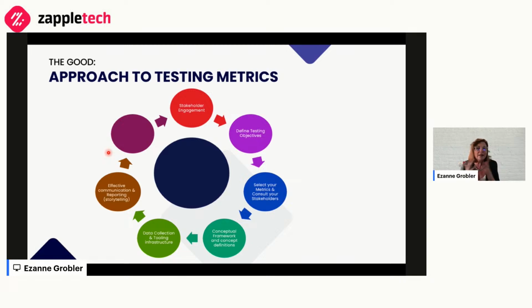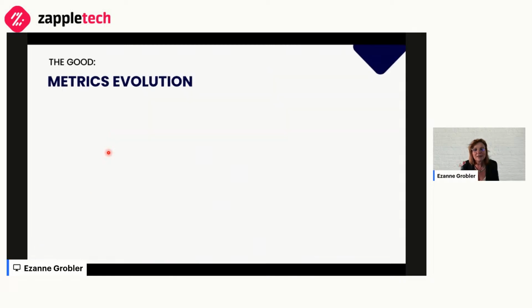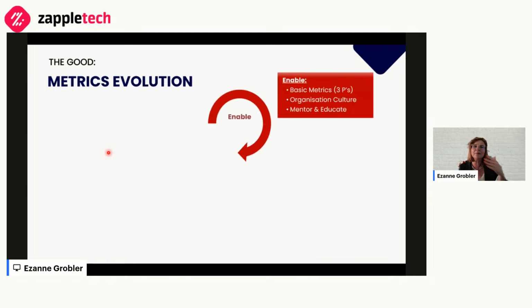Then storytelling: have effective communication and reporting, and then ultimately do continuous improvement and adjustment. And that ultimately will help you to define your test metrics, involve your stakeholders, but continuously improve on your testing practices as well. We also actually realized that, as with any good thing, there's a metrics evolution as well.